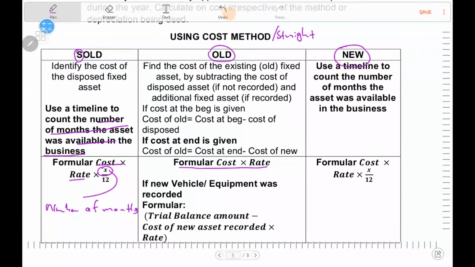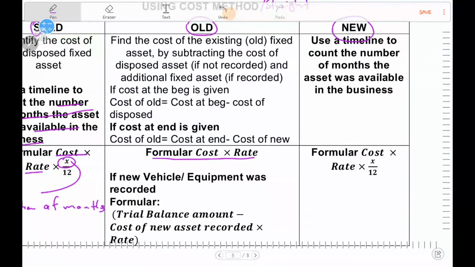Now in terms of this method, if the asset is new, then you are going to count from the date that asset was purchased and was available in the business up until the end of the year. So if it was purchased in June, you are going to count from June up until December. So this one is the opposite of the one that is being disposed.